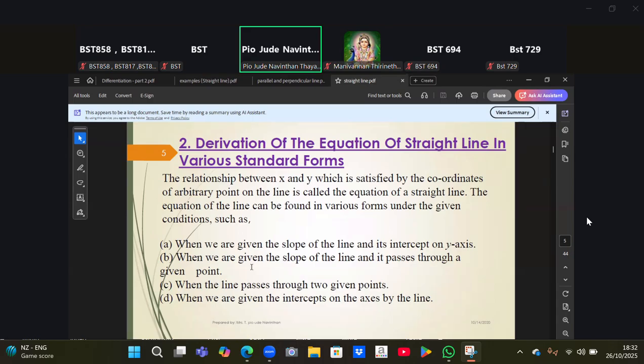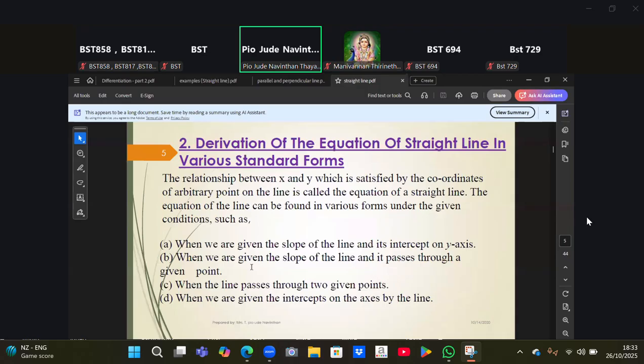If we have these things, then we can find the equation. So the first one is if m and also the c value are given, we can find the equation. Definitely, because y is equal to mx plus c is the general format. We need to substitute that m and c, then we will get it.